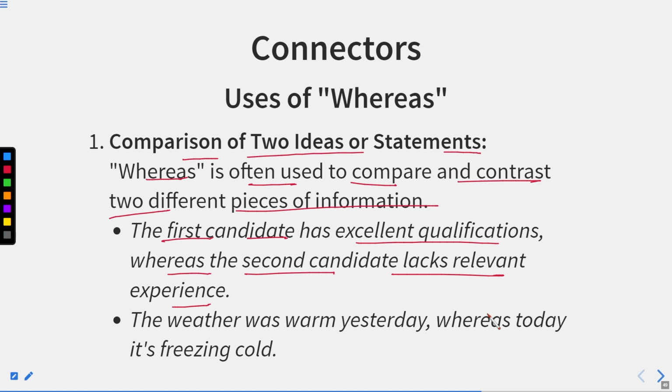It means he has not learned much right now. The weather was warm yesterday, whereas today it is freezing cold. So here you can see another example: the weather was warm yesterday, whereas today is freezing cold.